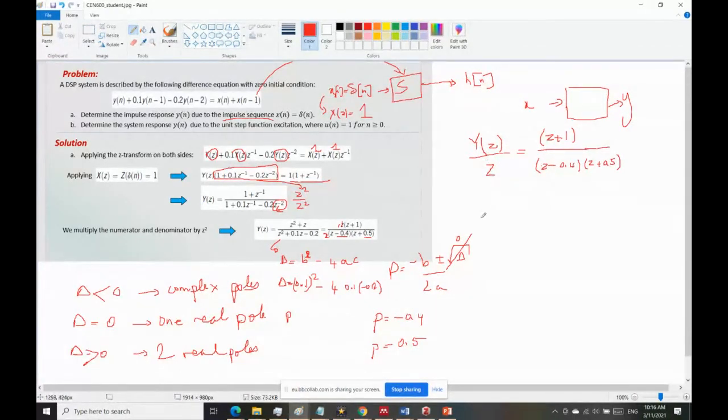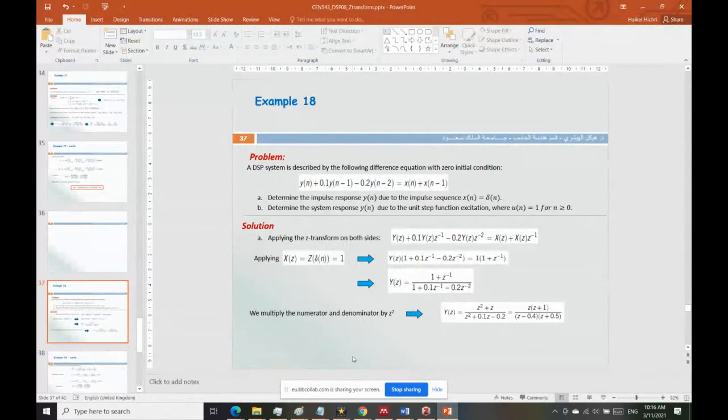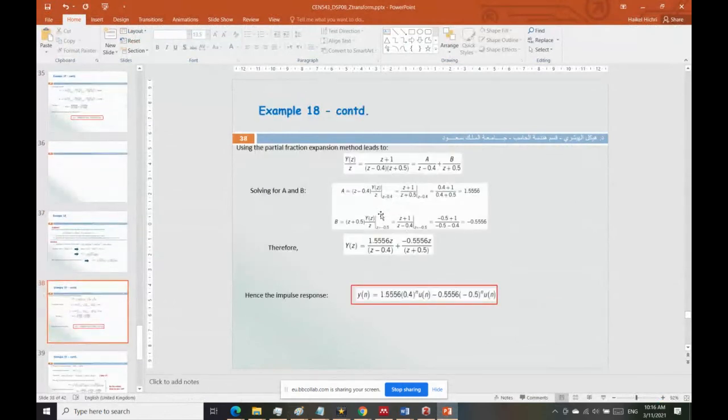Okay, and now we can compute this. We're going to use partial fractions, so it becomes A over (z minus 0.4) plus B over (z minus 0.5). Okay, so we can use the rules.